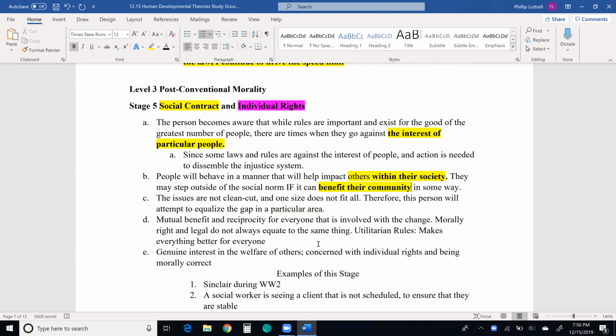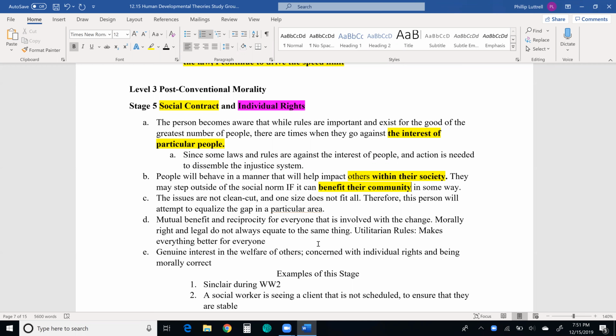So it's going with the altruistic rules, which means it makes everything better for everyone based on the fact that you're providing resources and things that could be helpful for the people in some way to help bridge that gap. Because if the resources and things are not there for certain people, they would not be able to get the same results as every other person that has the resources and opportunities given to them.